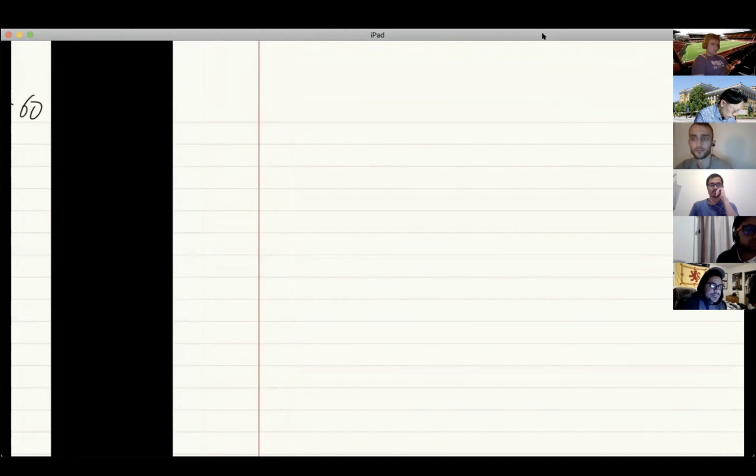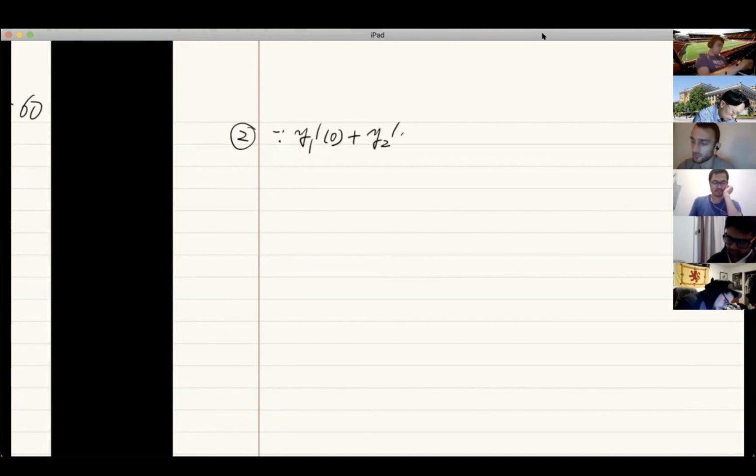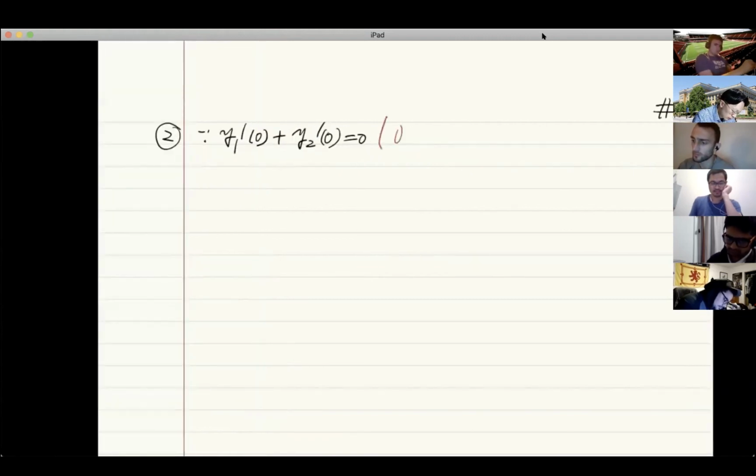For Y2 prime, this is step 2. We said that Y1 prime 0 plus Y2 prime 0 must be 0. For the same reason, theta A must be equal to theta B, which is 0.